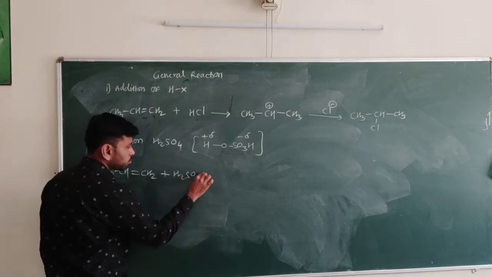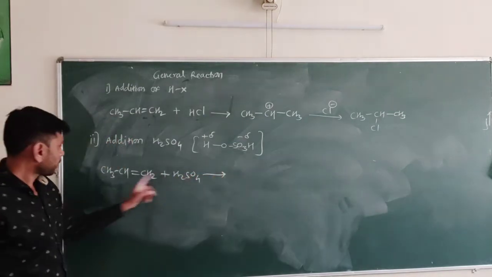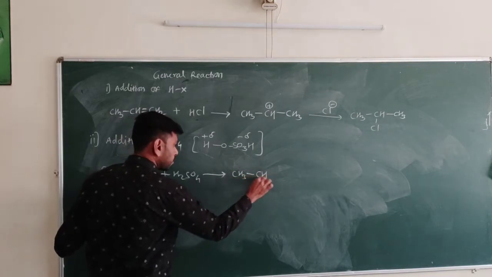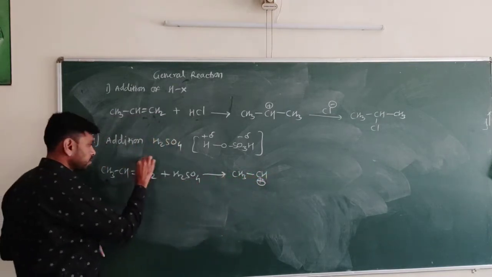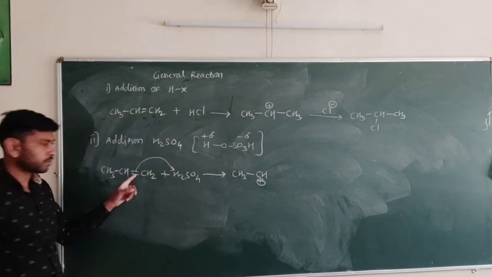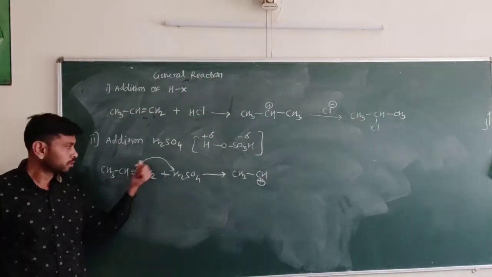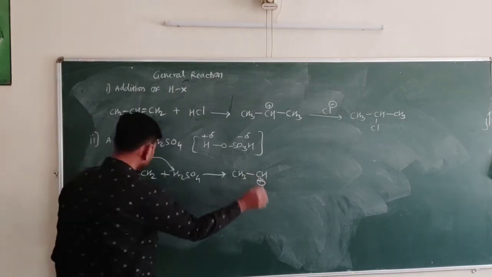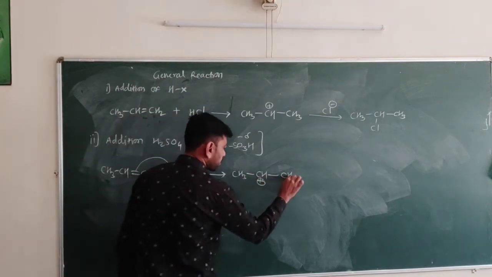In this case the carbocation is formed first: the carbon-carbon double bond, the source of electrons, moves to accept a proton, and the carbocation forms. The proton attaches here.